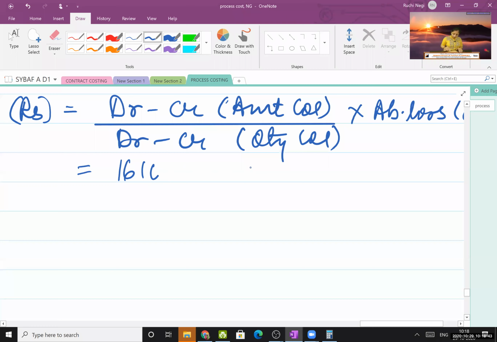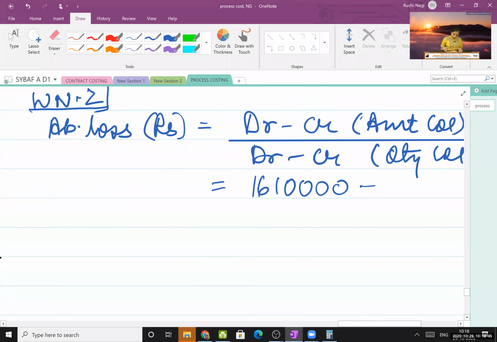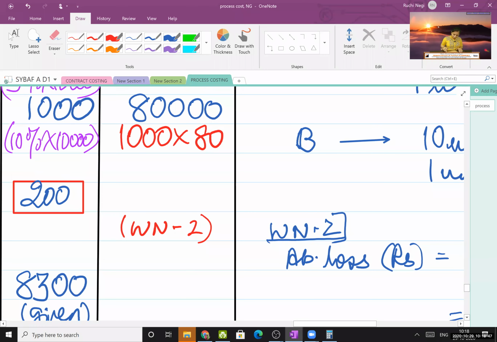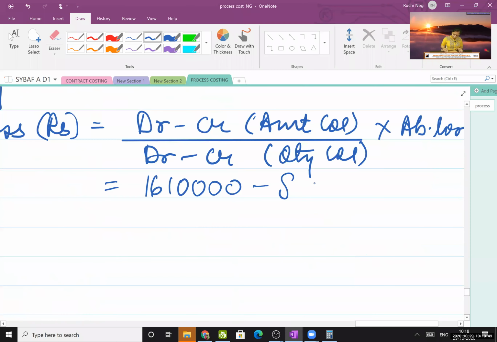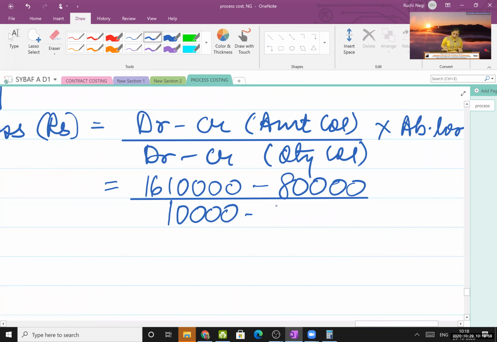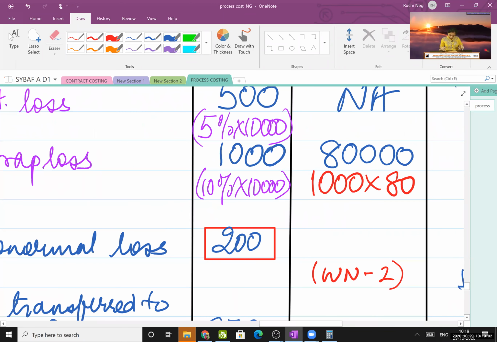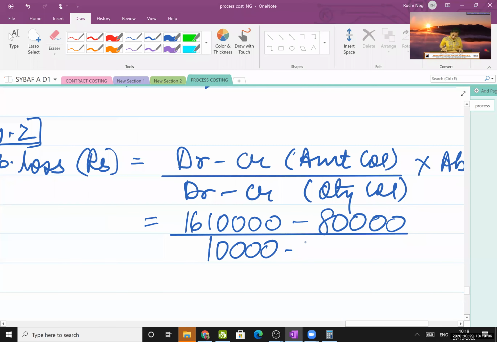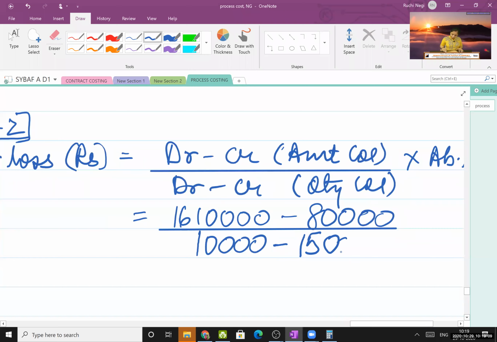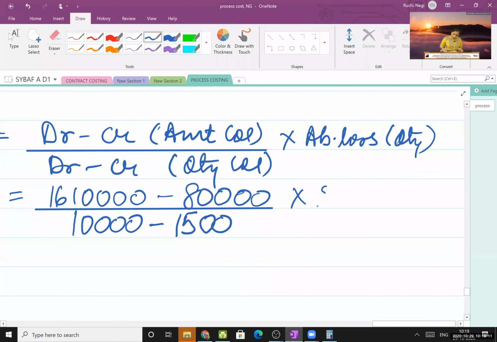Minus the credit side. Credit side कितना है? 80,000 divided by 10,000 minus. Now listen. Now I have two quantities, 500 and 1,000. दोनों लो. Minus the debit credit side. Credit side में कितना है अभी मेरे पास? 1,500 into 200. Okay.